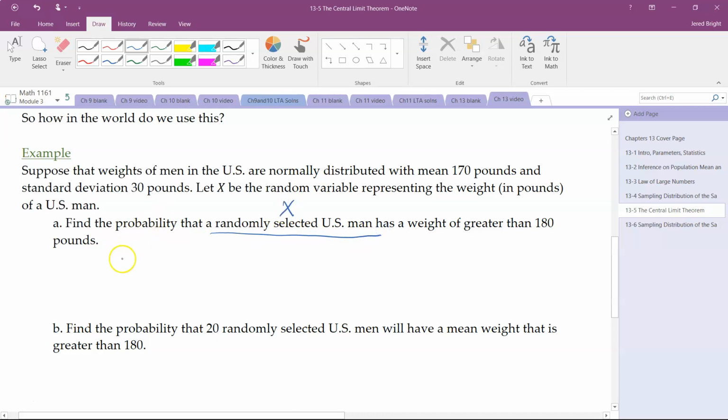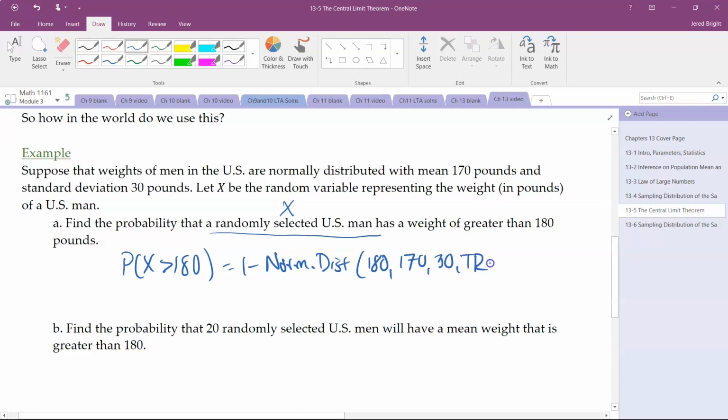So I'm looking for P of x is greater than 180. Well that's simple. This is chapter 11 stuff. This is 1 minus norm.dist of 180, and then the mean is 70 and standard deviation is 30, and then true. And we can get a number. Not so concerned about that.